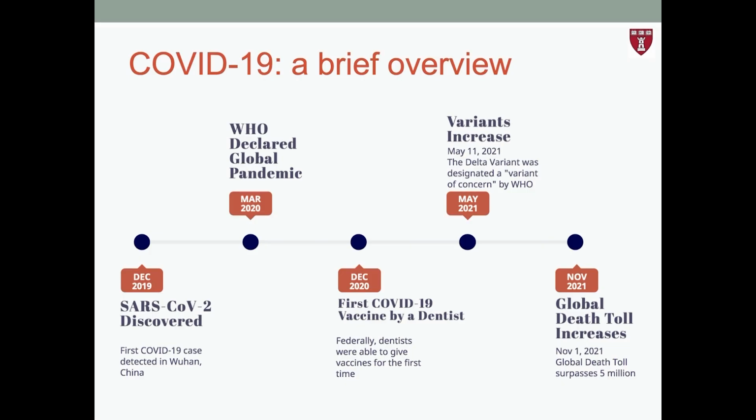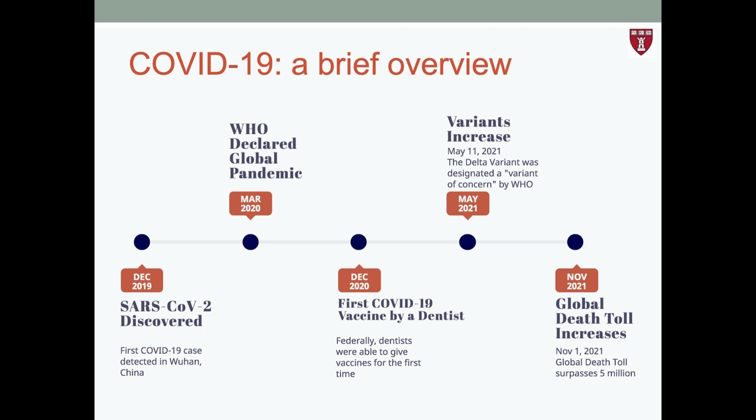and social change. COVID-19 is a disease caused by the virus SARS-CoV-2, which was first discovered in December 2019. The World Health Organization declared the global pandemic on March 11, 2020, resulting in school closures, economic lockdown, and restriction of country borders. On December 16, 2020, Dr. Ryan Thrower became the first dentist to administer a COVID-19 vaccine.